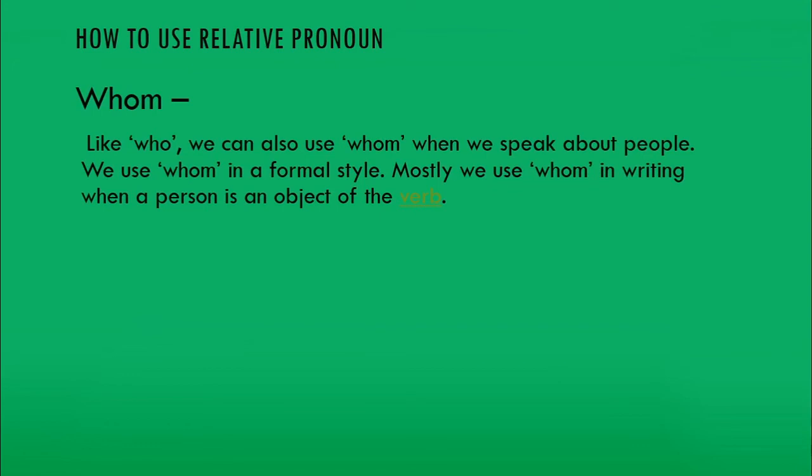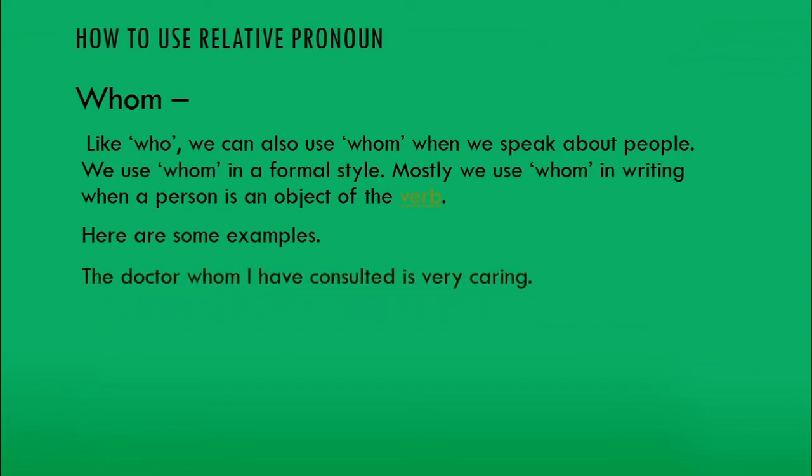Whom. Like who, we can also use whom when we speak about people. We use whom in a formal style. Mostly, we use whom in writing when a person is an object of the verb. Here are some examples. The doctor whom I have consulted is very caring.